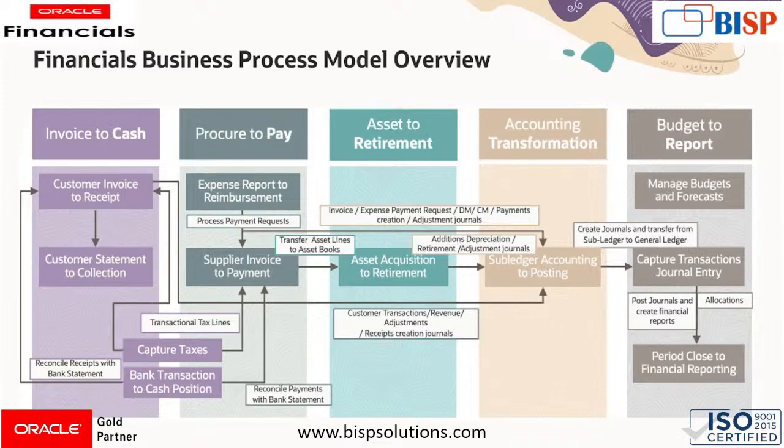We transfer the accounting by creating accounting through the subledger, and the numbers get pushed to the GL. In the GL we create allocation reports, prepare the financial reports, and do forecasting. So basically this is the financial business process flow model overview.